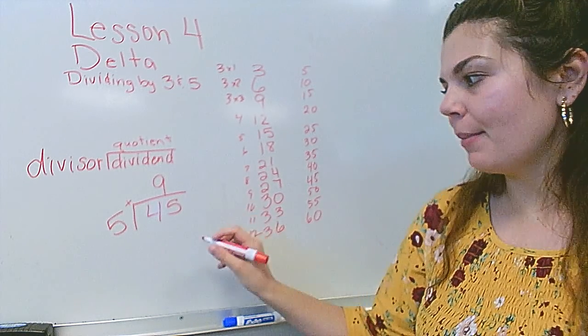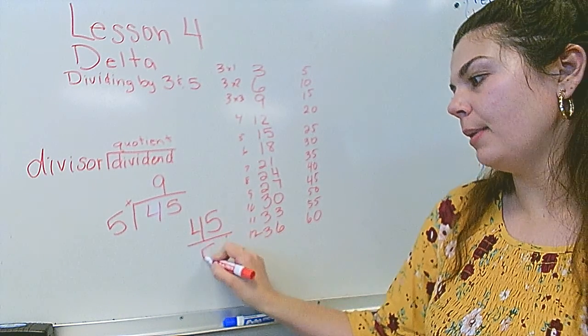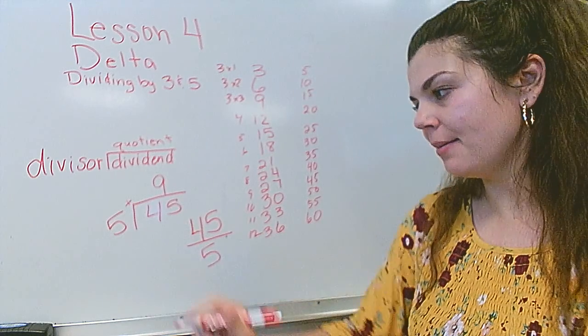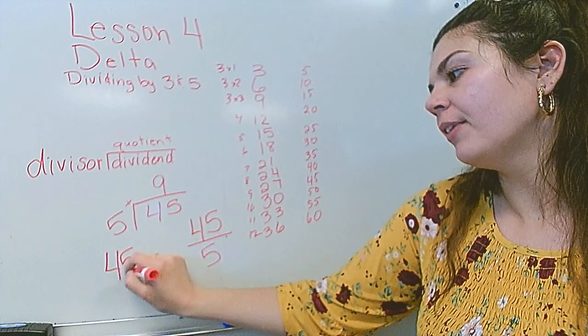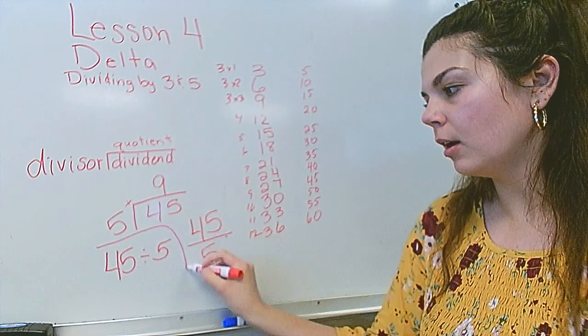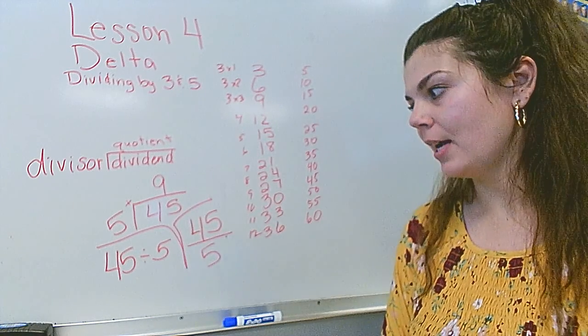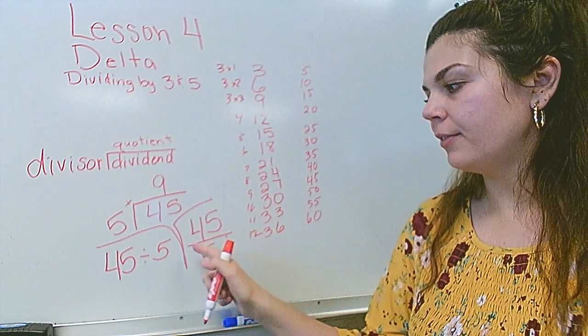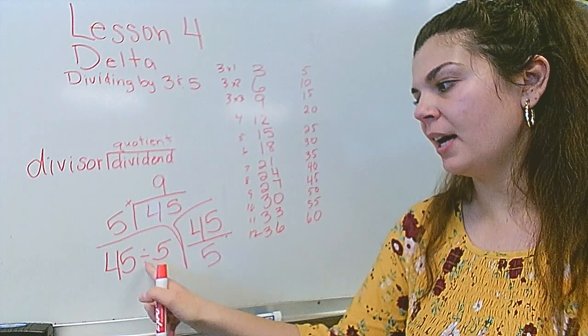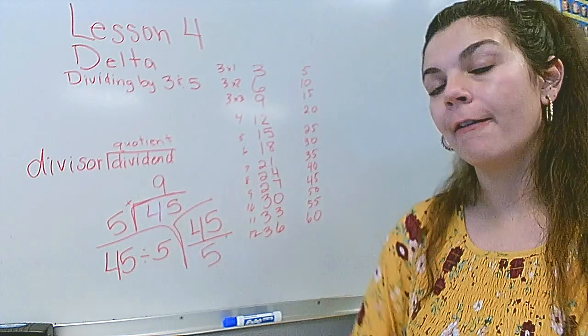Now this is the same as 45 divided by 5. All 3 of these are the same thing. All right? So 45 divided by 5.